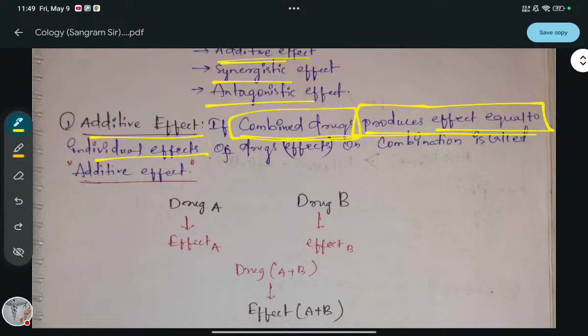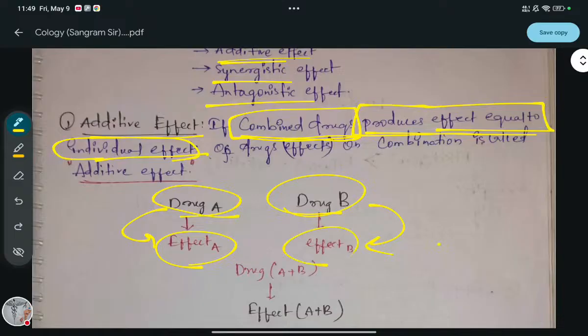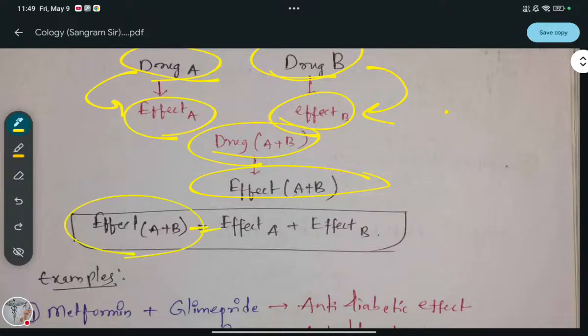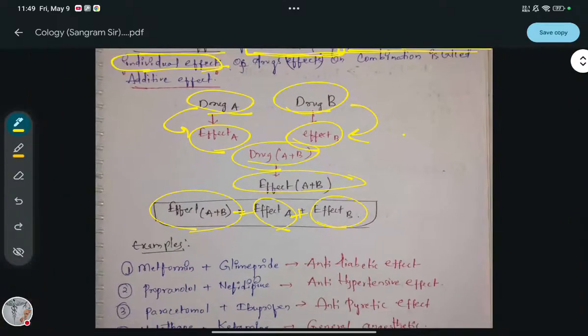Combined drug means when both A and B are combined, they will show the effect which is equal to the individual effect. Drug A has its individual effect, drug B has its individual effect, but when both drugs A and B are combined, they still show the effect of A and B. So the effect of A plus B is equal to the effect of A plus the effect of B. This is called additive effect.